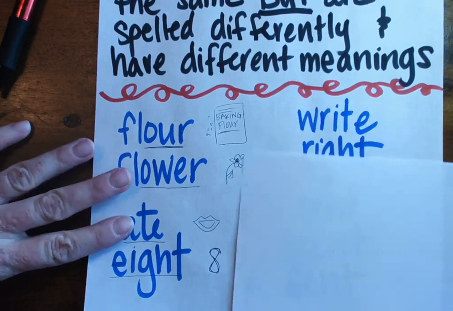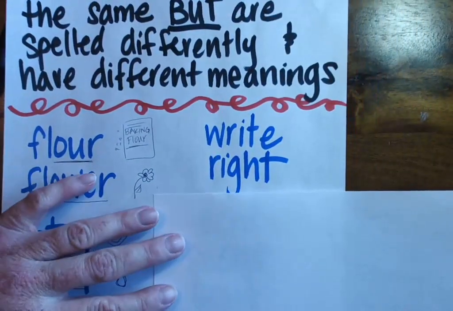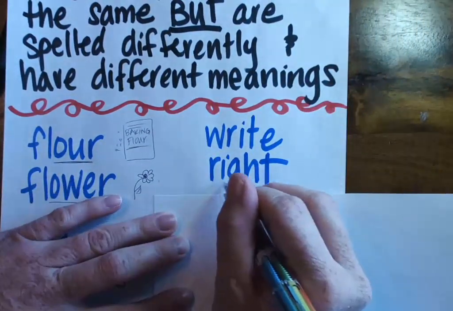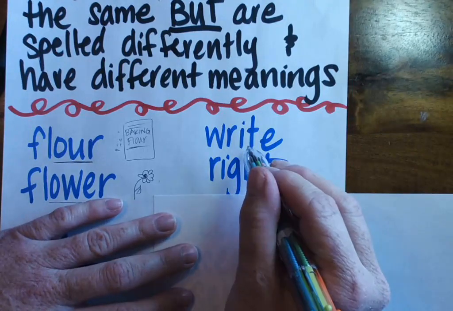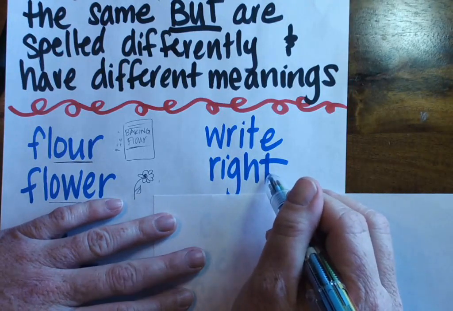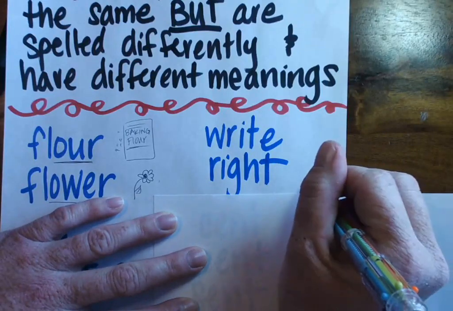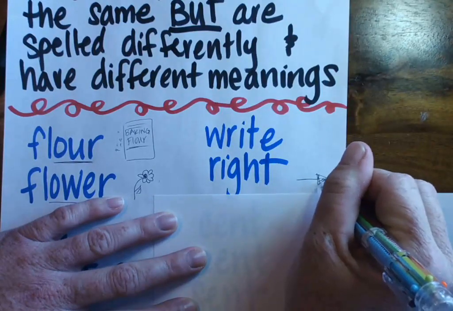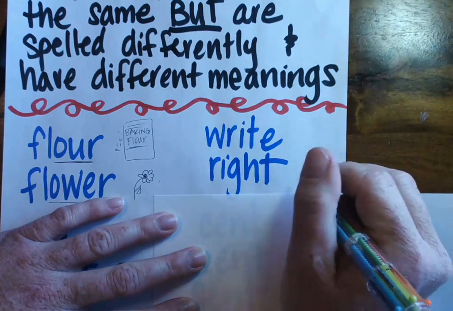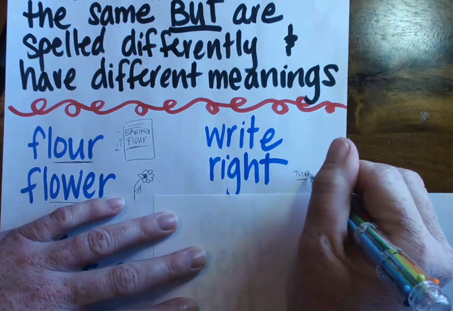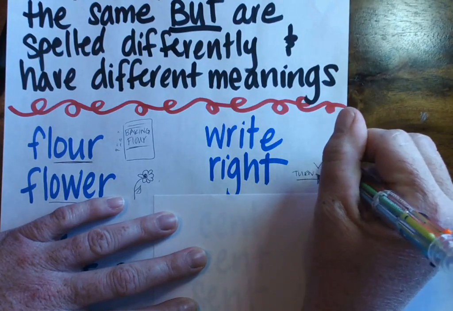All right, then we have the words right and write. Now, this is tricky because not only is it part of a homophone pair, but it also has different meanings. So we can turn to the right, or we can get something right, like we can get it correct.